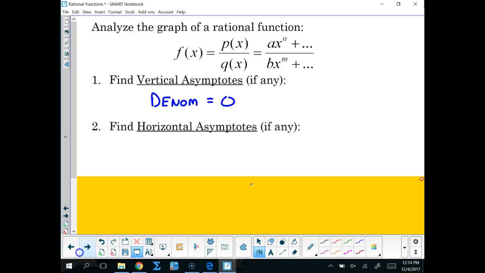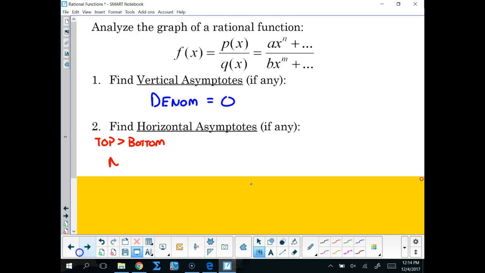True, very true. And then you set your numerator equal to 0. No! It's like the 3 rules thing. What's the 3 rules thingy? Oh. The top degree is bigger than the bottom degree. If top is bigger than bottom, none.